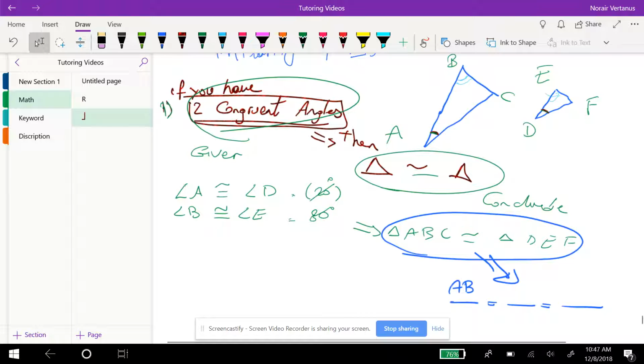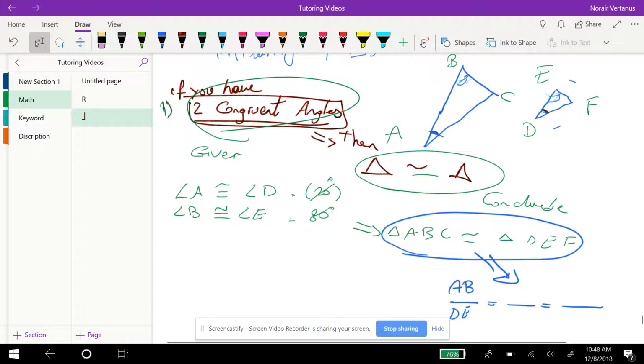Which one is corresponding to that? So I cannot pick DF. I can't pick EF, because AB is between these two angles, right? Then from the other triangle, I have to pick the segment which is between those two congruent angles, just DE. Cool? So AB over DE.